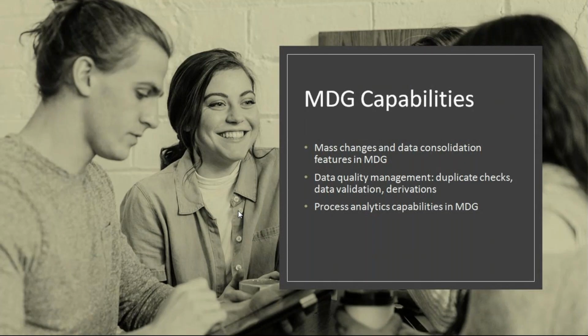When I say governance process, it includes the approval process, and the addition of new functionalities like mass creation and mass change, which we call consolidation and mass processing, and obviously data analytics. So these are the governance processes.